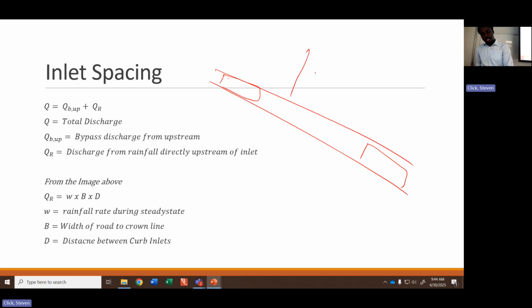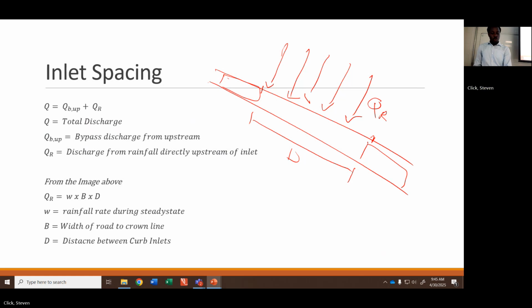That's one from just the roadway, that is the Q sub R. This is just rainfall from the roadway from the start of the distance D to the start of the roadway. So this is just the rainfall from this point to this point, which will all be moving towards this inlet.